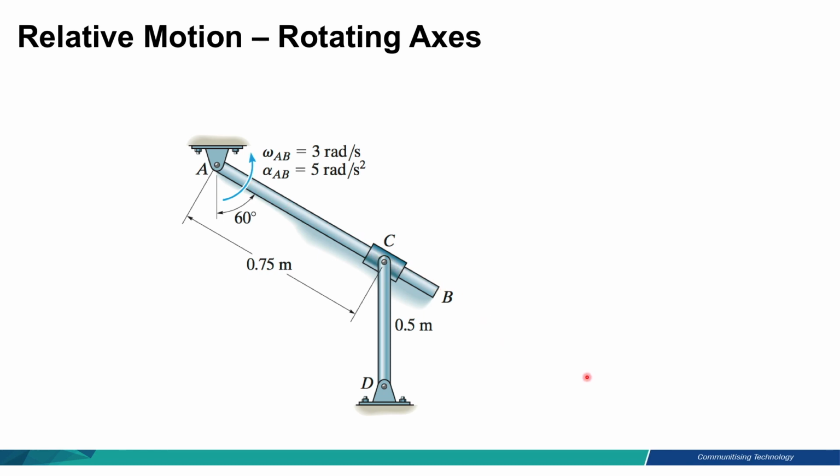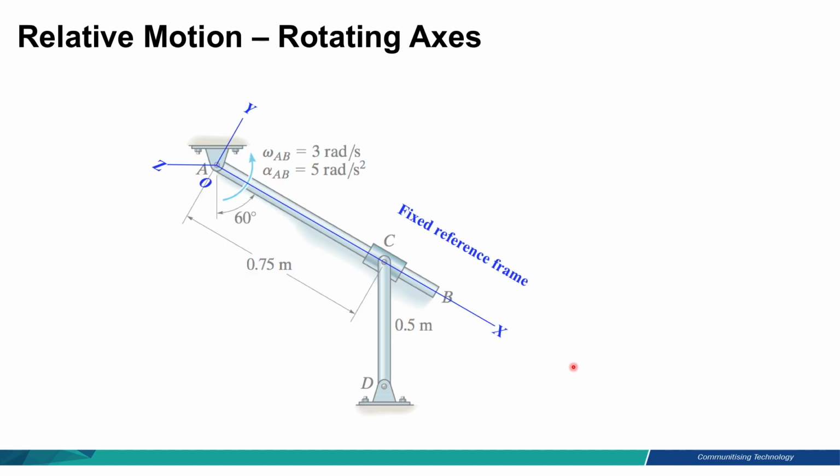We can set a fixed reference frame at point A, and to make the calculation easier, for the case of rotating axis, normally we set the rotating reference frame to coincide with the fixed reference frame. The red line here is the rotating reference frame, whereas the blue line is the fixed reference frame.